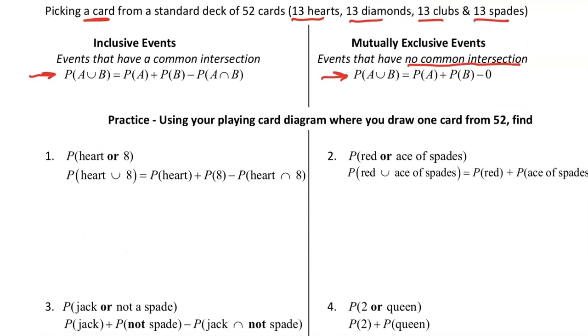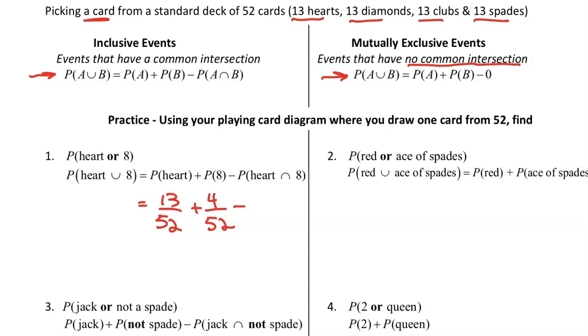Okay, let's practice. Using your playing card diagram where you drew one card from 52, find the probability of a heart or 8. So for the probability of a heart, I have 13 hearts. Remember, I'm just picking one card. Plus I have 4 8s, so 4 out of 52.